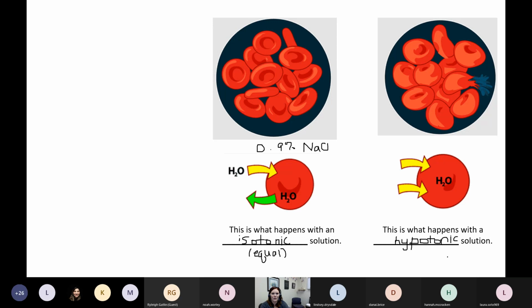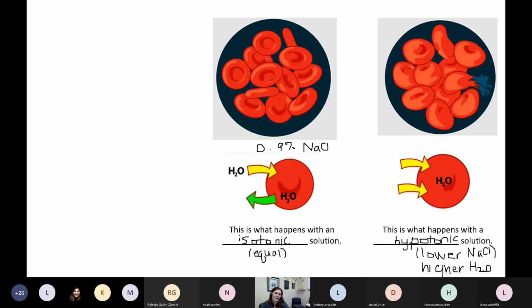Did that mean lower or higher? Yeah, exactly. A hypotonic solution has a lower concentration of solutes. So in this case, we're talking about a lower amount of salt. If I have a lower amount of salt, it looks like I have a higher amount of water, higher H2O.